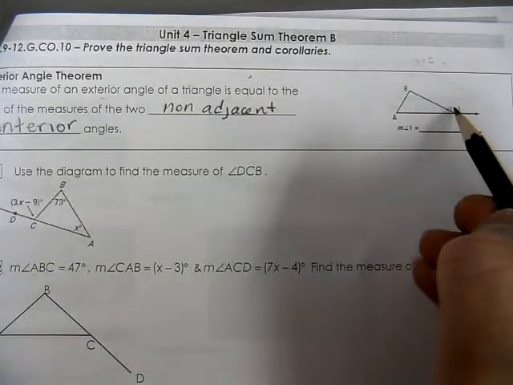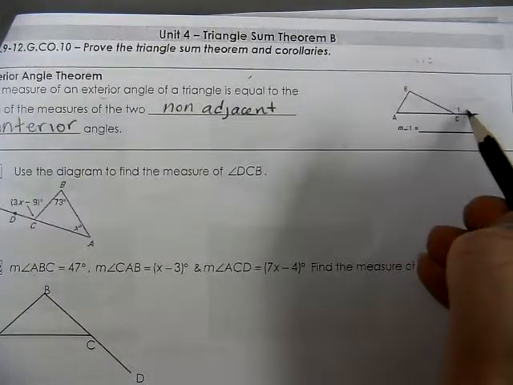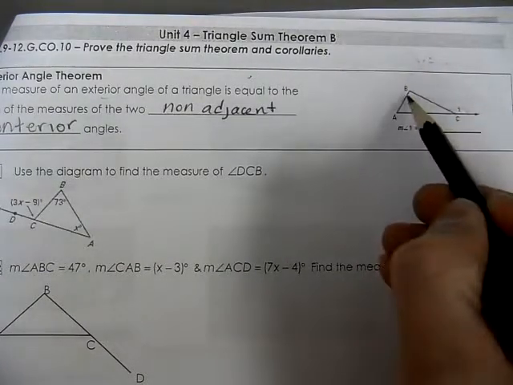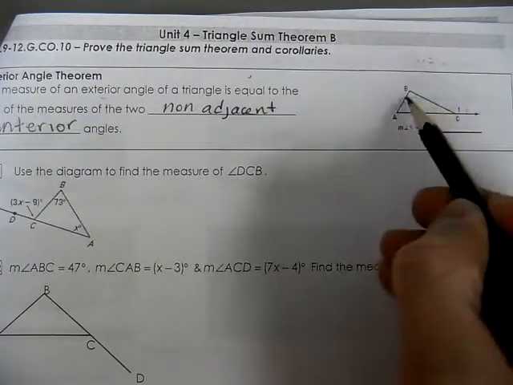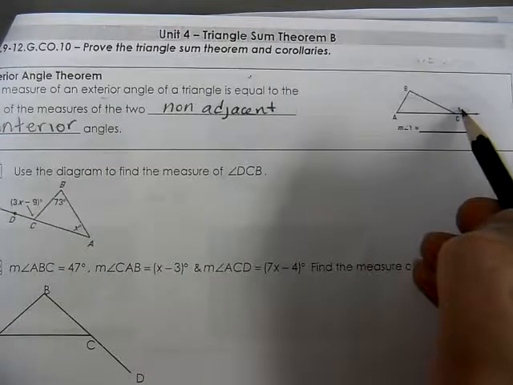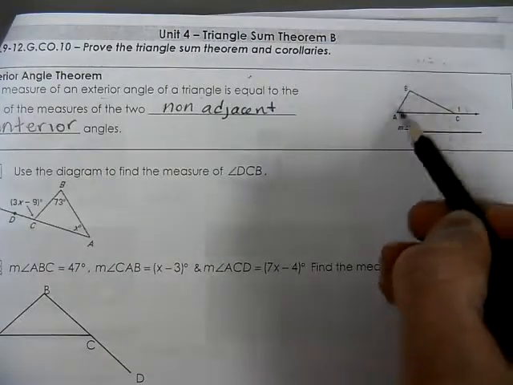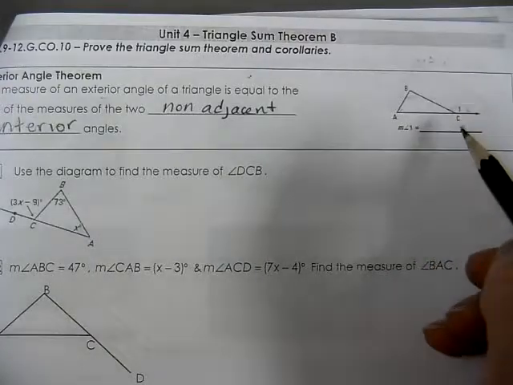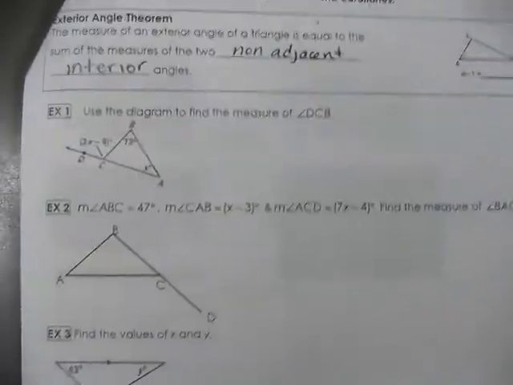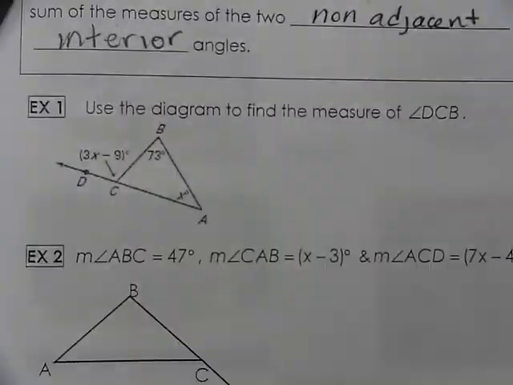So looking here at our picture, the exterior angle equals the two non-adjacent angles, not the one next to it. The sum of those is going to equal the value of 1. So let's try some of those problems.